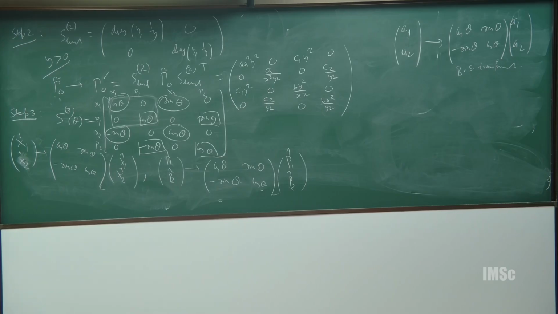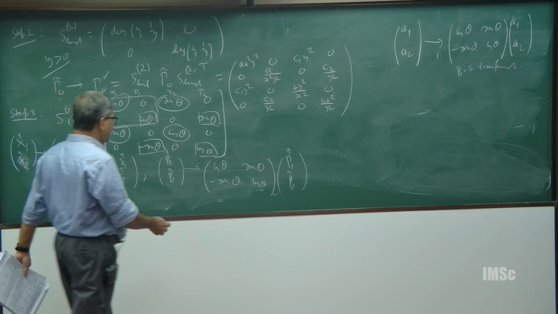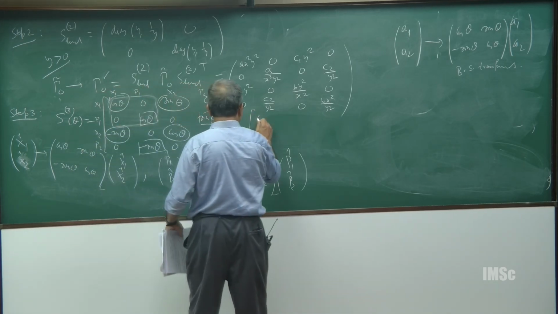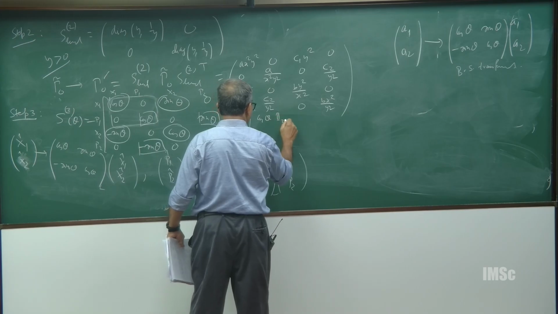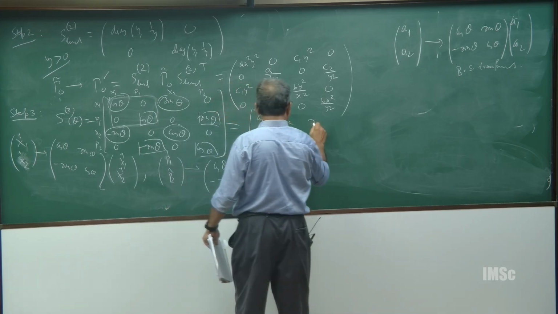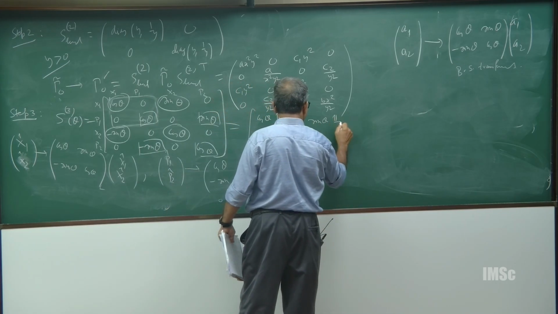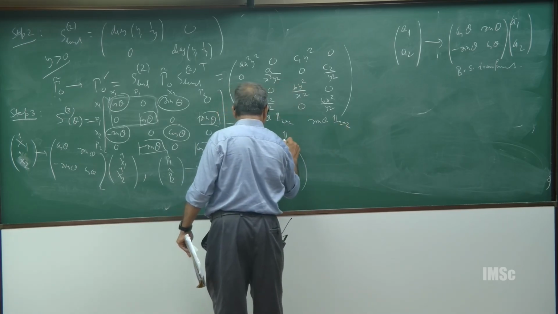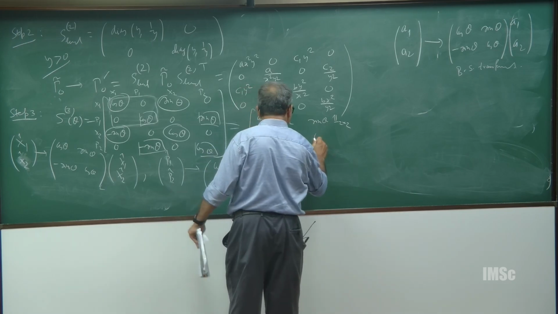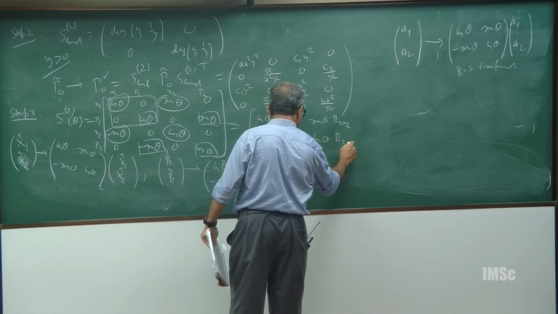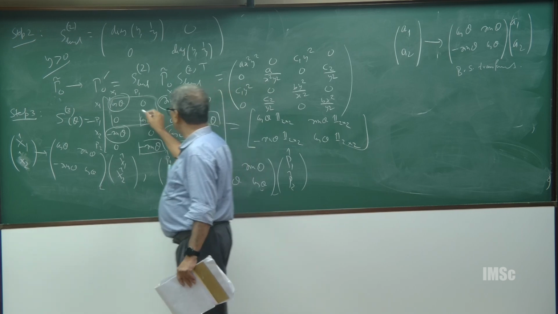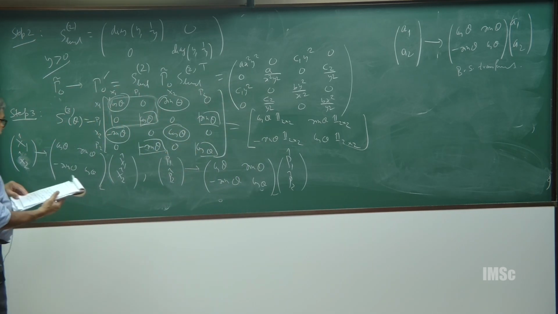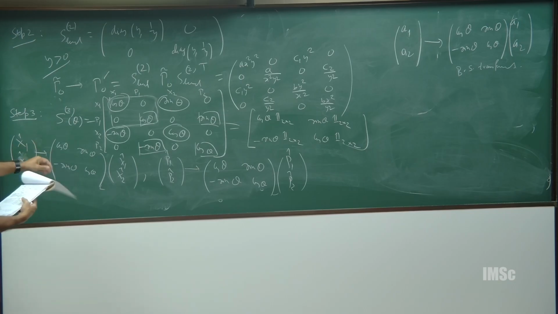So, this you can write as cosine theta identity 2 cross 2, sin theta identity 2 cross 2, minus sin theta identity 2 cross 2, cosine theta identity 2 cross 2, right. I mean if you take this one and this one. Okay. So, this is what you will have. Okay, good.